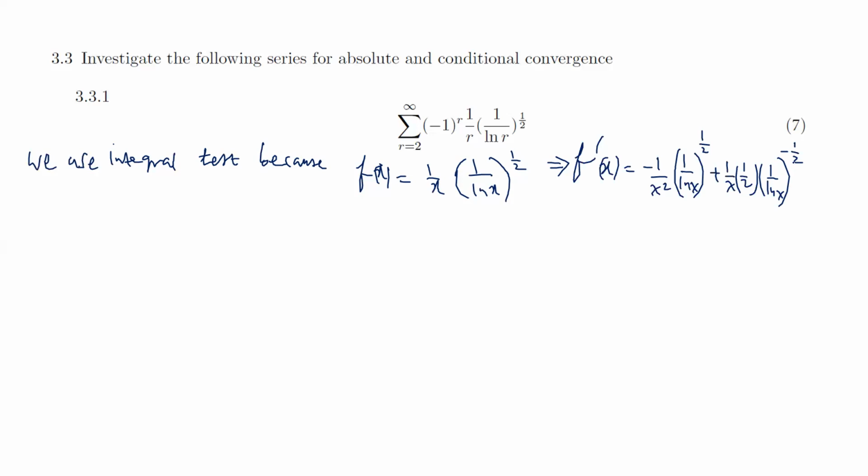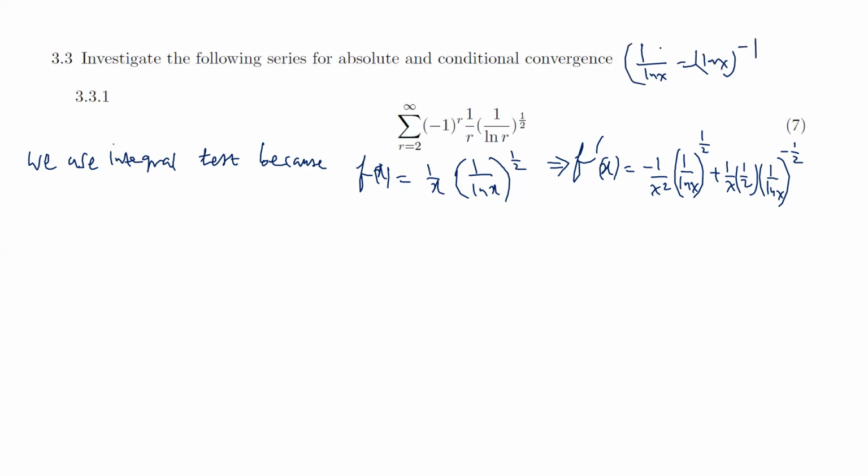I'm going to use the chain rule to find the derivative of this 1 over ln x. What is the derivative of 1 over ln x? Okay, 1 over ln x is ln x to the minus 1.